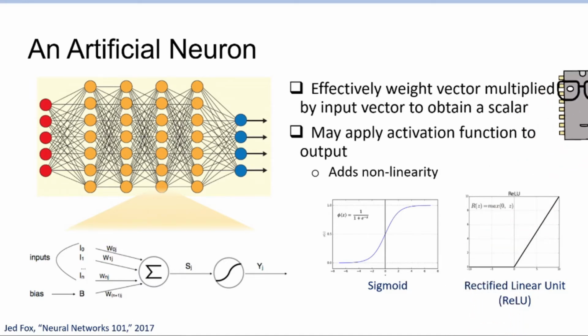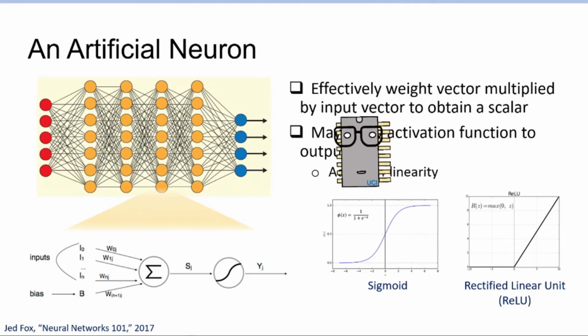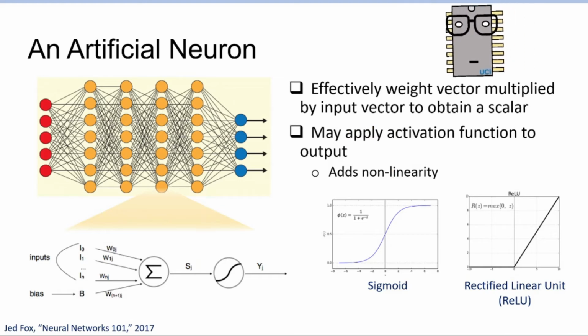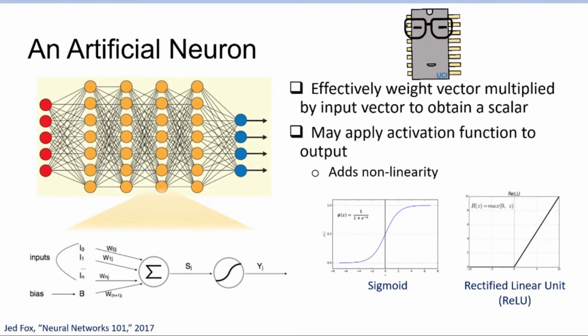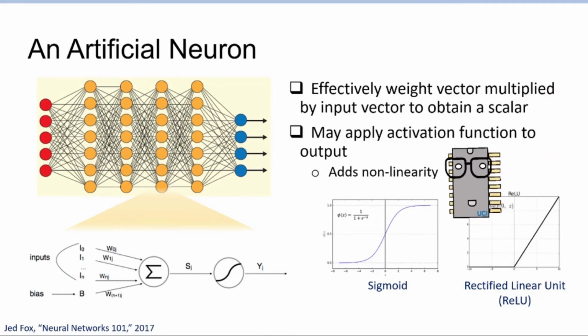Right. So effectively, what each of these neurons do is just multiplying a weight vector by the input vector. So if there's 4,096 neurons in the previous layer, we're pretty much just multiplying the input vector of length 4,096 by the weight vector of size 4,096 to obtain a single scalar value, and then push it through an activation function, which adds non-linearity to the model.